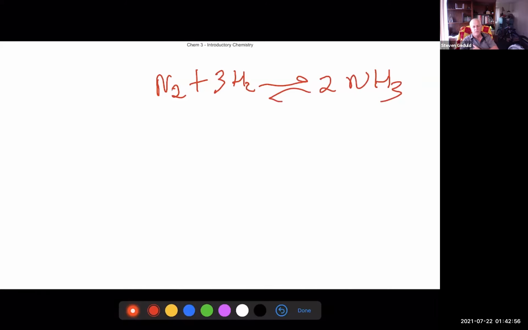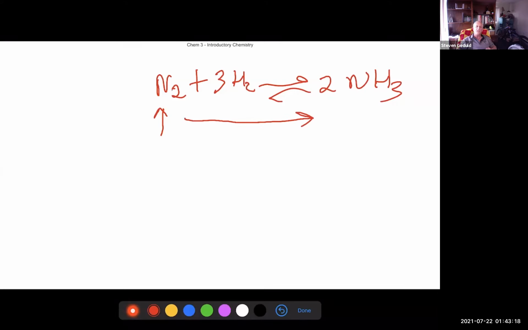So if I increase something, the system is going to decrease it to get back to normal values. So if I increase the amount of nitrogen, the system's going to decrease it to get back to normal values. So it's going to shift the reaction this way.